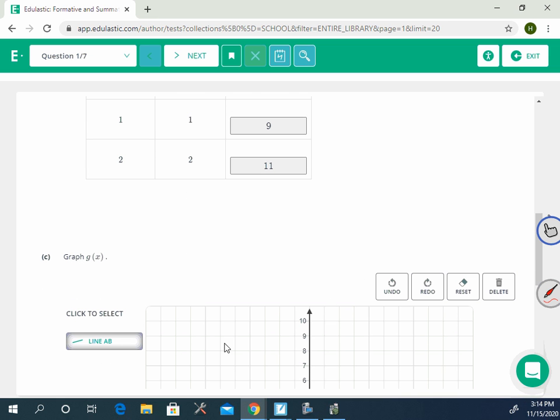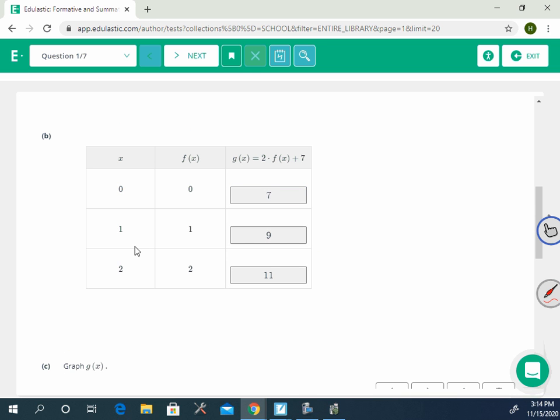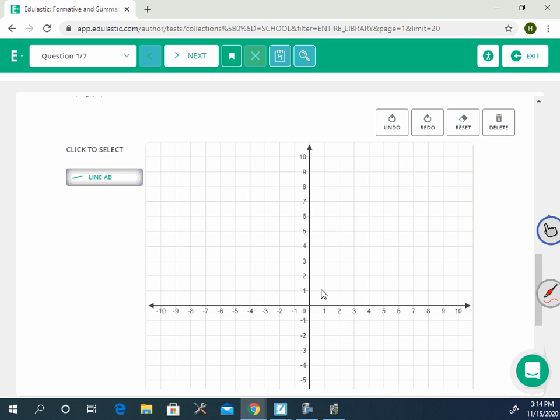And then when you try to graph it here, I click this first. I don't know if I need to, but I have every time. And now I'm going to graph the point 0, 7, 1, 9, and 2, 11. So I want to make sure it goes through all those. So I'm going to start with 0, 7, and 1, 9, and I want to make sure it goes through those. So 0, 7. And if I click, it automatically goes.